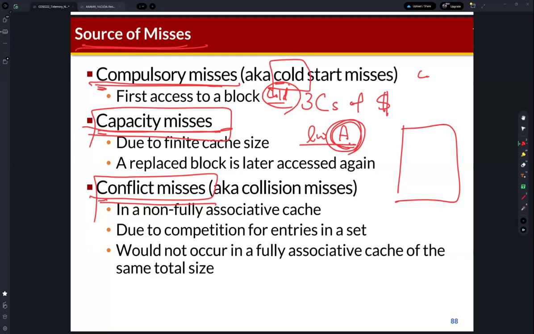So what does that mean? Because we use a set associative cache or direct mapped cache, misses are also increased. These misses are called conflict misses. These sources of misses are called the 3Cs of cache. It represents why cache misses are caused.